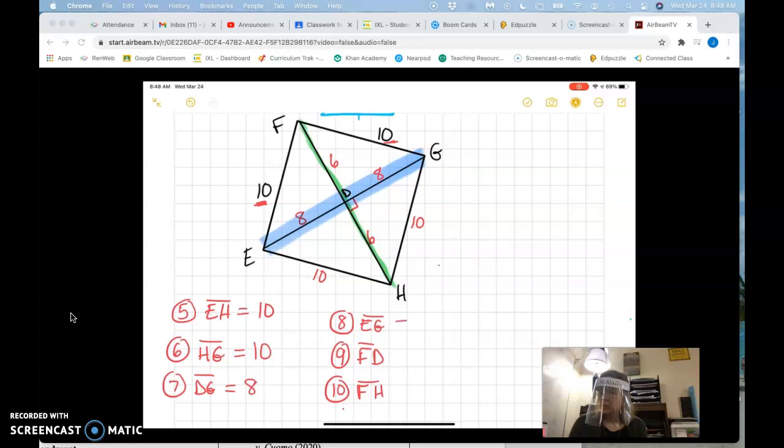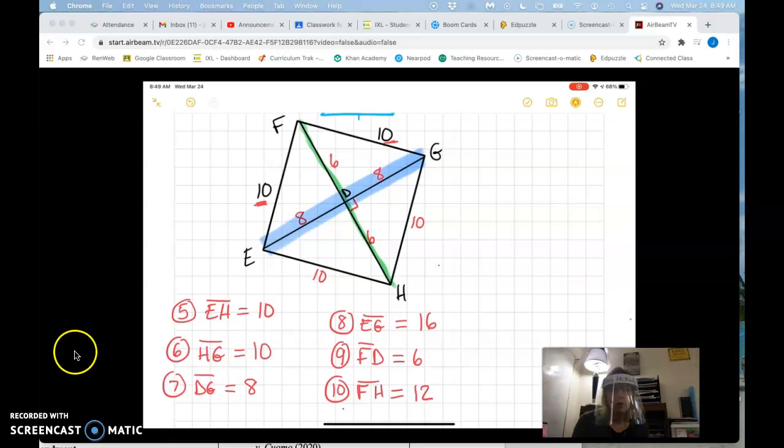How about EG? 16. Yeah, EG. Yep. And how about FD? 6. And FH? There you go, 12. Okay. So I fill in all the numbers on my shape, and then I can easily answer the questions.